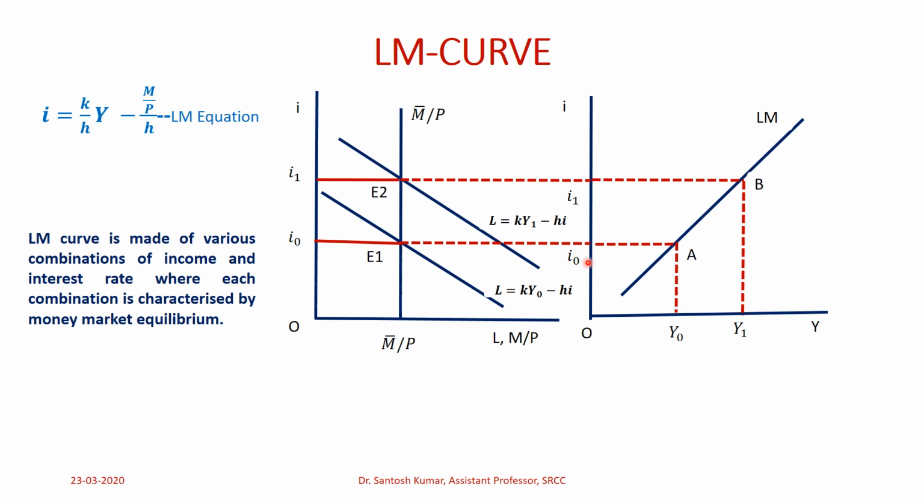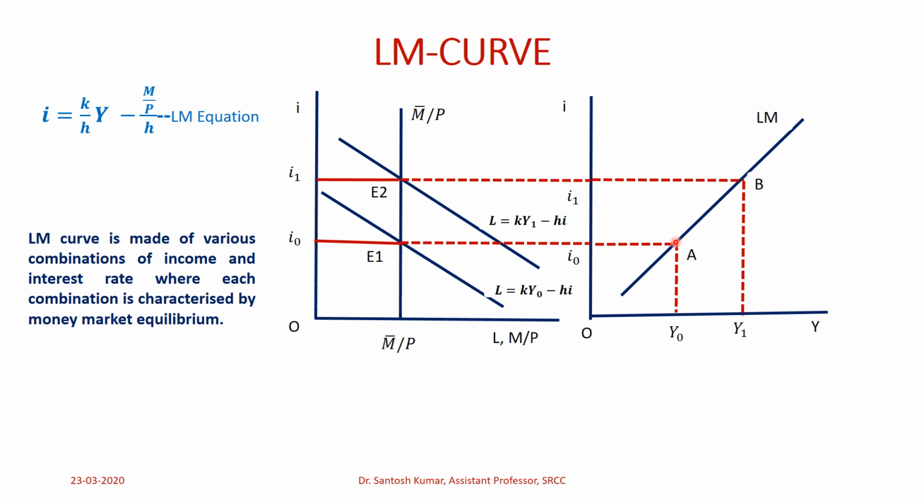So this I naught is the equilibrium interest rate which occurs at Y naught level of income. So we get a combination of equilibrium income and interest rate at point A, and at that combination, money market is in equilibrium, right? So we got one combination of income and interest rate.